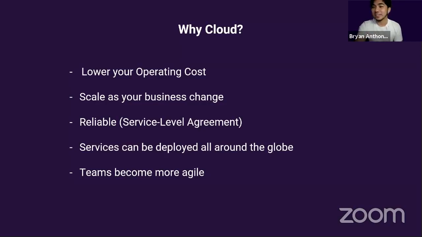I'm sorry about that. Anyway, again, lowering your operating costs, scalability to go up and go down depending on your needed compute power. Your reliability allows you to get a proper service level agreement with the cloud providers, so it will be highly available even at times when there are lots of users using it. No apparent downtime again.